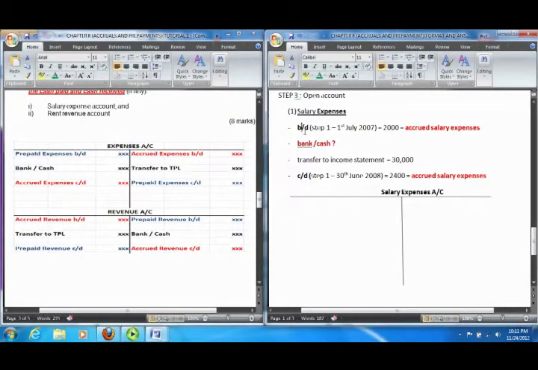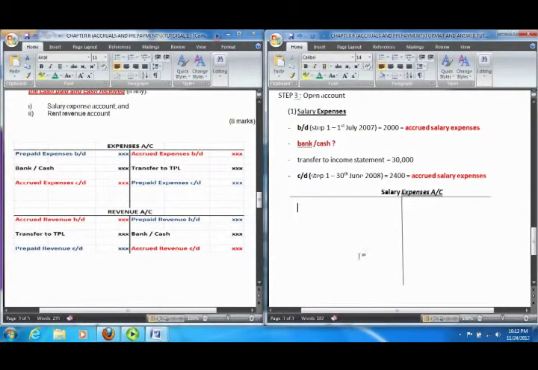So first settle your BD first. Where to put your BD? Is it debit side or credit side? As I told you, you need to know the situation. Is it accrued or prepaid? At the beginning of the accounting period, 1st July 2007, it takes from your CD, 30th June 2007. Now BD, accrued salary expenses. Now you are doing an expenses account, correct?